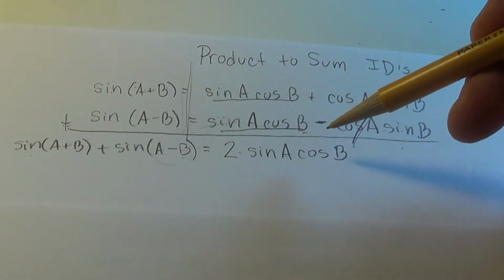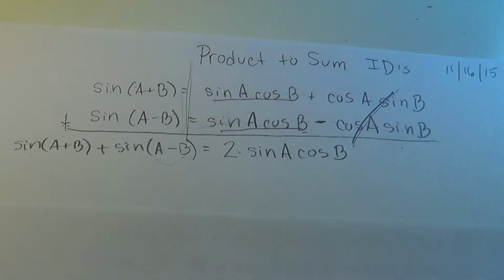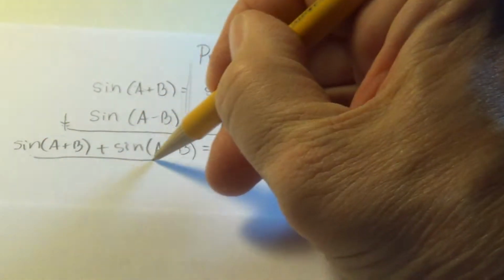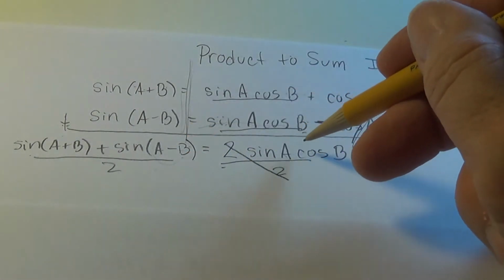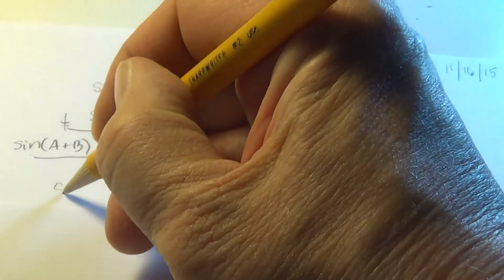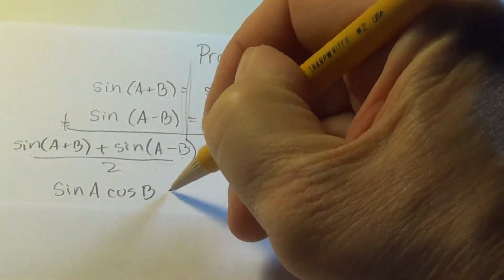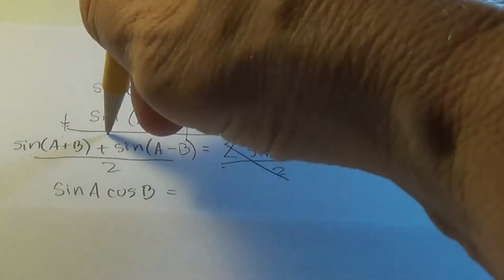Same thing in trig. So this trig ID actually comes to a close when I divide both sides by 2. And that's gone. I'm going to write the sine a cosine b on the left and the rest on the right.